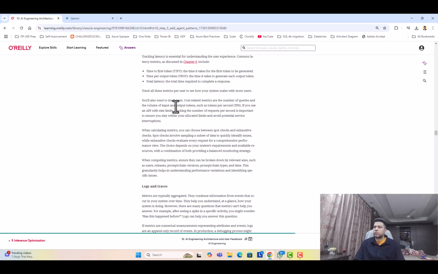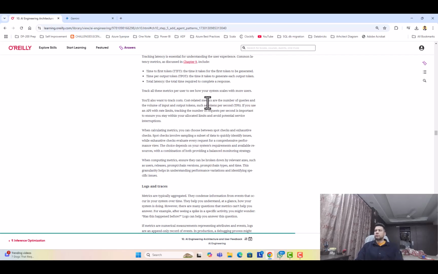You will also want to track cost. I think cost is one of the most important metrics, and it's very important to understand how the cost is distributed when you use a Gen AI model. The author writes here: cost-related metrics are the number of queries and the volume of input and output tokens, such as tokens per second.